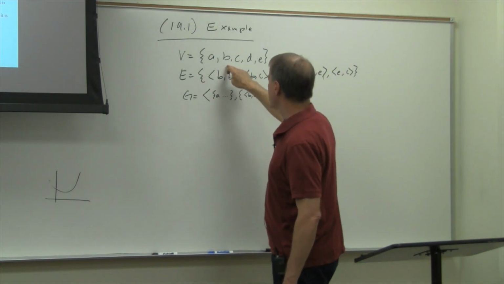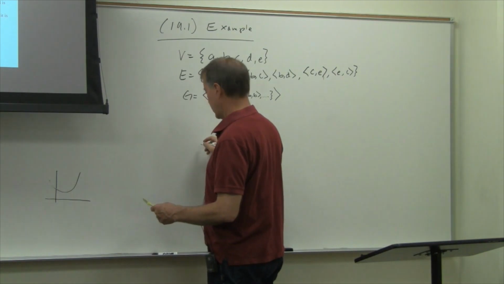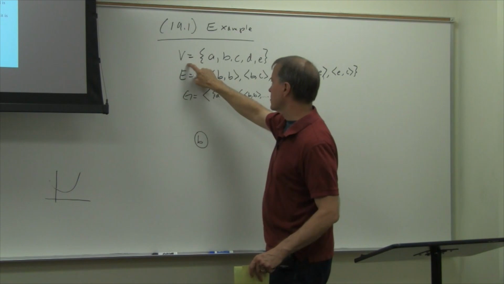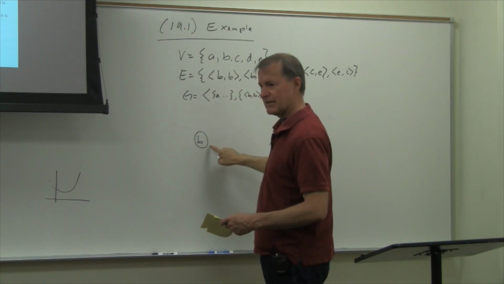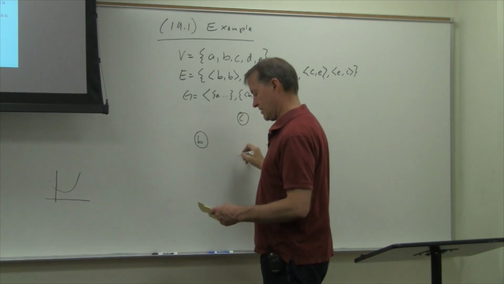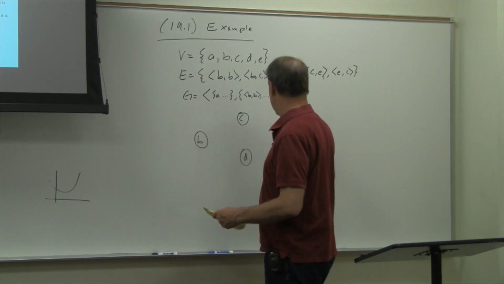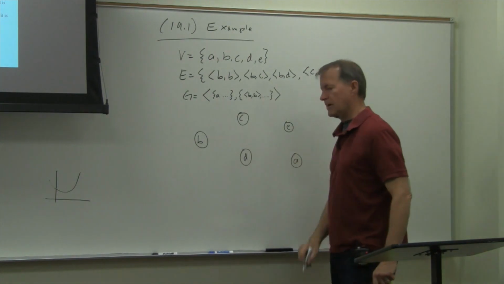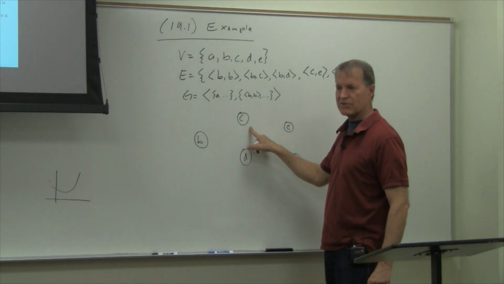The way we visualize this is, each one of these elements of V is called a vertex. A vertex is indicated by a point or a circle. So here's B, here is C, here's D, here's E, and here is A. The plural of vertex is vertices.